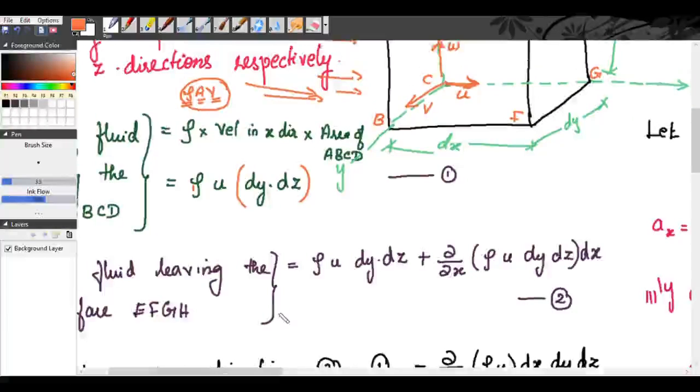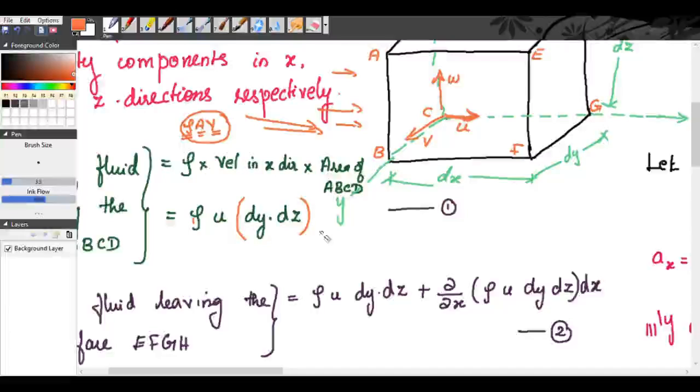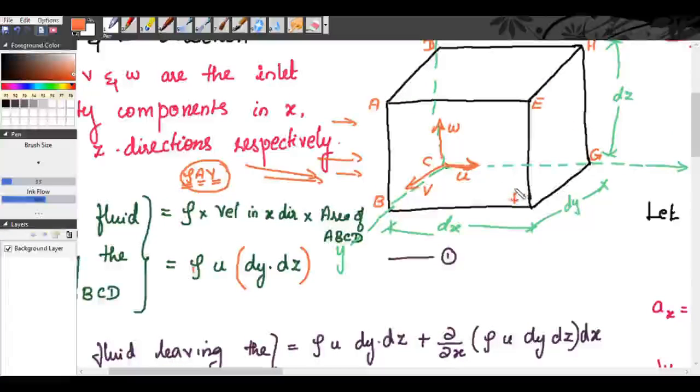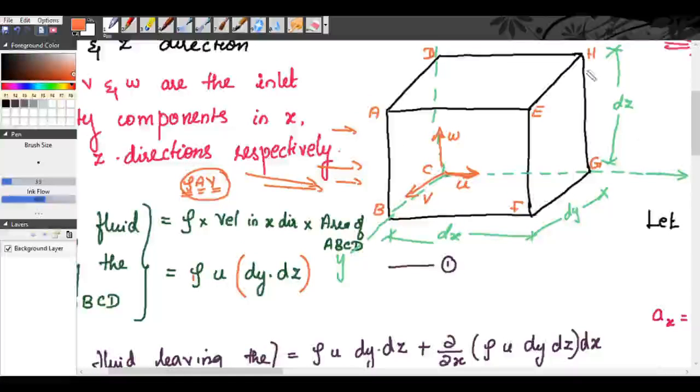That will be equal to the mass entering the phase ABCD plus, since there is a space in between the phases ABCD and EFGH, there will be a difference in mass in x direction.